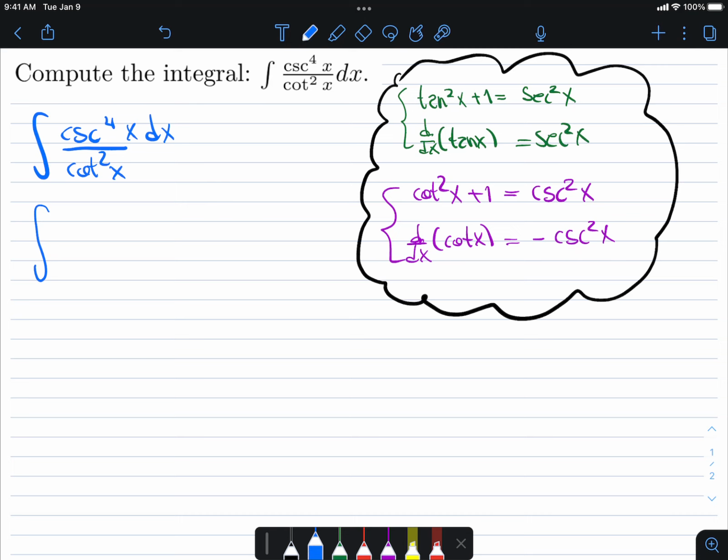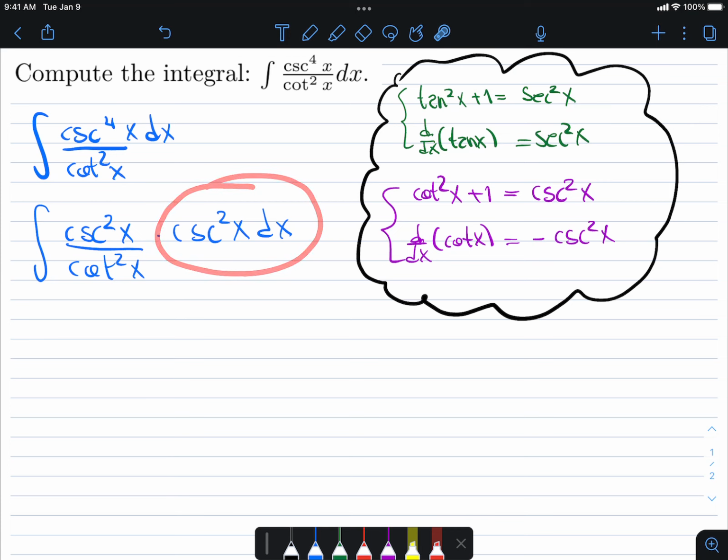So that would be a part of the du term using a substitution rule. So if I split the cosecant to the 4th as cosecant squared x times cosecant squared x dx, and that divides by cotangent squared x. This here could be a du term if I make u equal to the cotangent x, right?